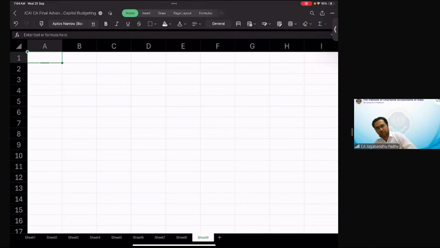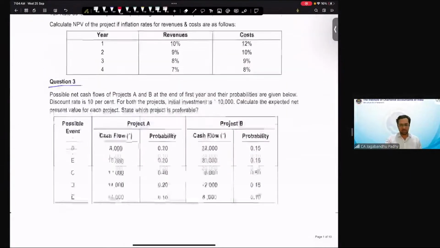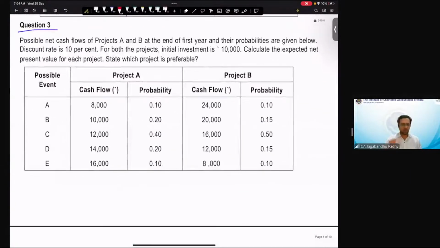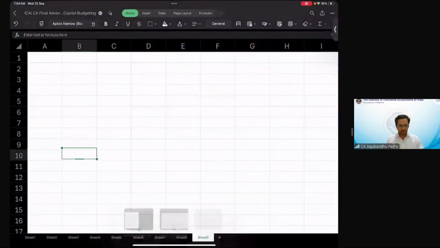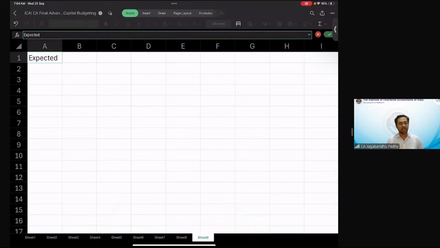Okay, so for that case, let me take help of the question number 3 that we have in our assignment sheet. So before that, let us just set a simple rule. If I want expected cash flow, or if we want variance of cash flows, or if we want standard deviation of cash flow, right?